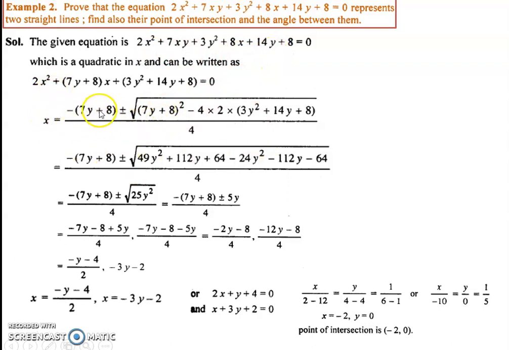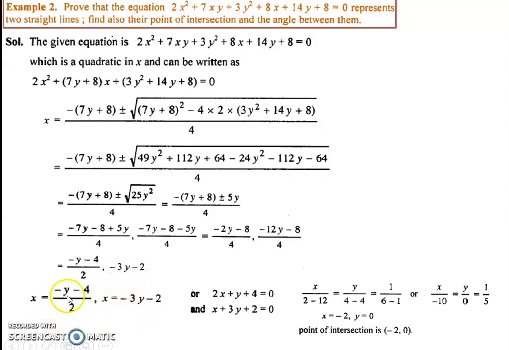And here x is equal to −b ± √(b² − 4ac) over 2a, and in that case the result remains the same. So x is equal to, and simplify this. When we simplify this, we got x is equal to (−y − 4)/2, and the second is −3y − 2.